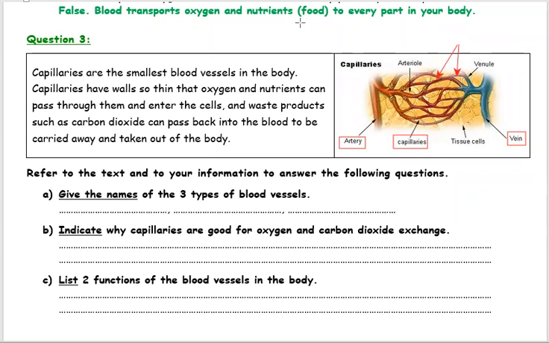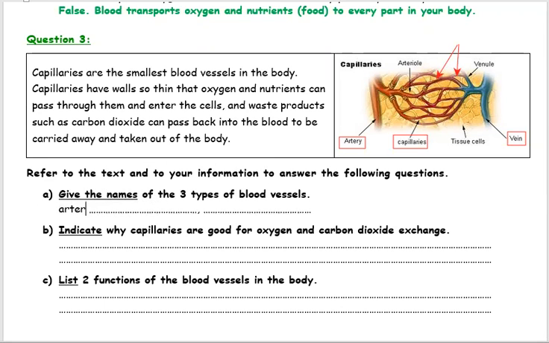Why is that? This way, oxygen and nutrients go to the body part, and also waste can pass from the body part back to the blood, and then the vein will lead the blood, the dirty blood, to the heart.